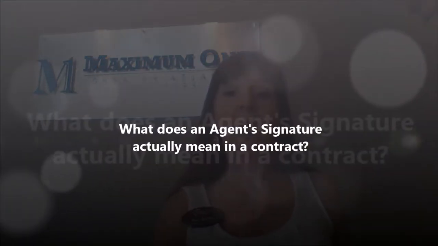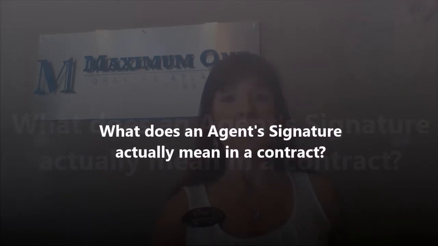So when an agent signs a contract, what does that actually reflect? That is spelled out in the GAR Purchase and Sale Agreement, Form F201, under paragraph C10B, where it talks about brokerage. The real estate broker has a brokerage relationship with the public parties.